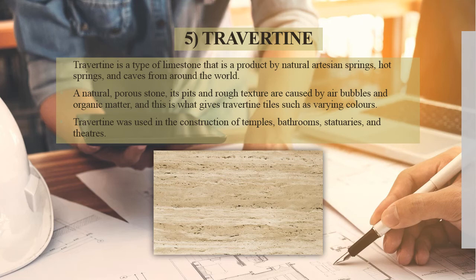A natural porous stone, it has a varying texture caused by air bubbles and organic matter, and this is what gives travertine tiles their varying colors. Travertine was used in the construction of temples, bathrooms, statuaries, and theatres.